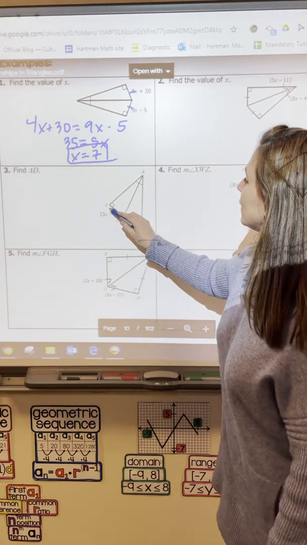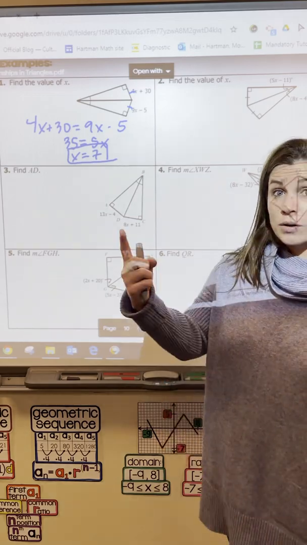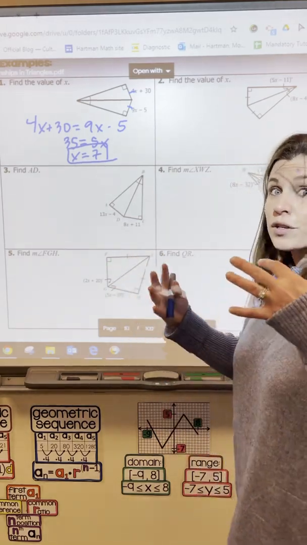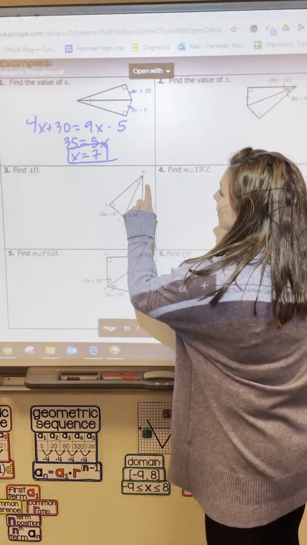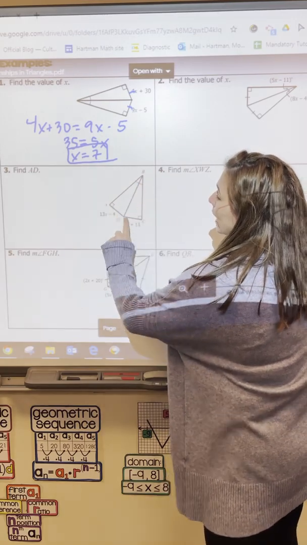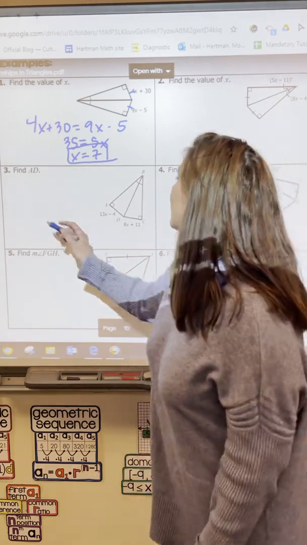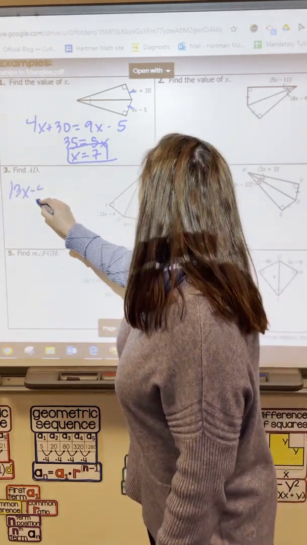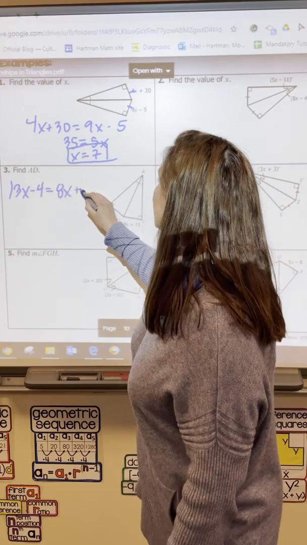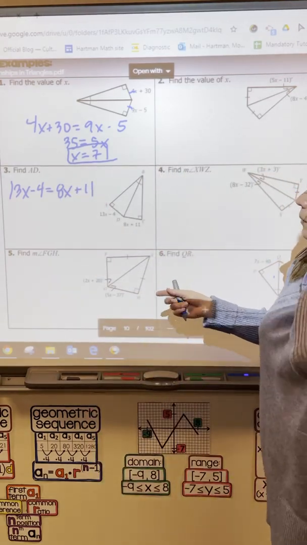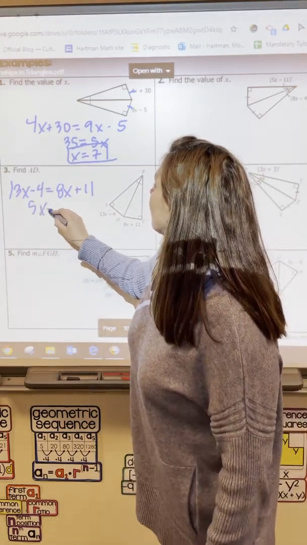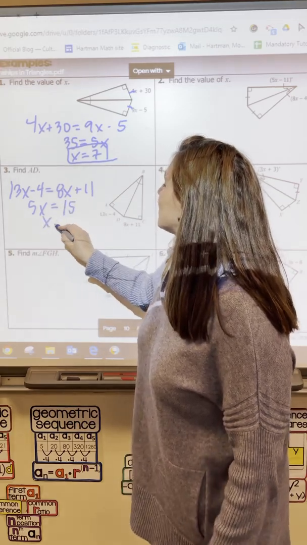Now it wants me to find the length of AD. Well, let's look. Number 1, is it an angle bisector? Is it a true angle bisector? Well, these angles are congruent to each other and it's perpendicular. Therefore, I can now make the statement 13x minus 4 equals 8x plus 11. And now solve any way you want. So you get 5x is equal to 15, x is equal to 3.